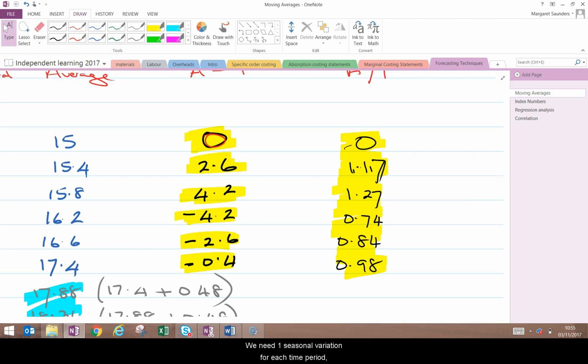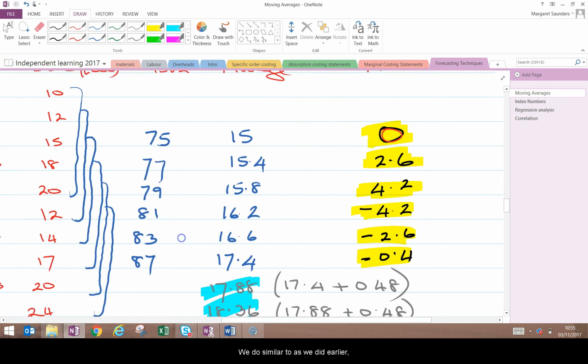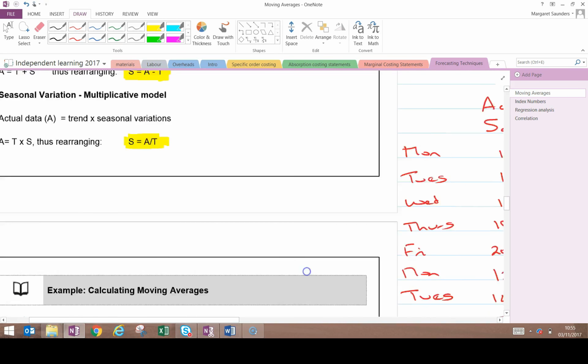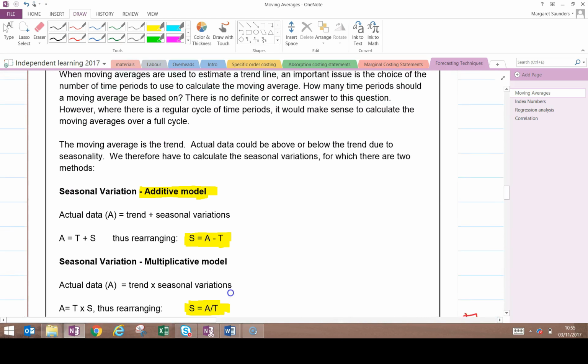We need 1 seasonal variation for each time period. So in this example, 1 seasonal variation for each day of the week. So we do similar to as we did earlier. So let's go back to the data.